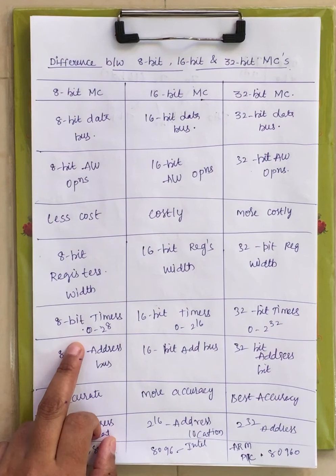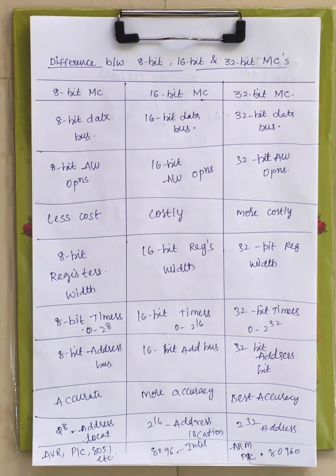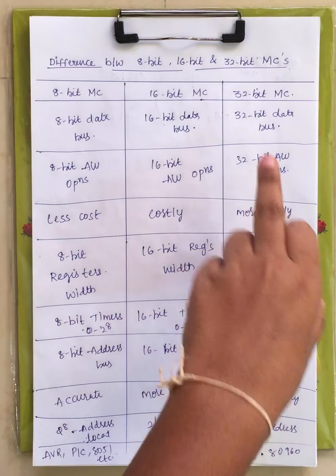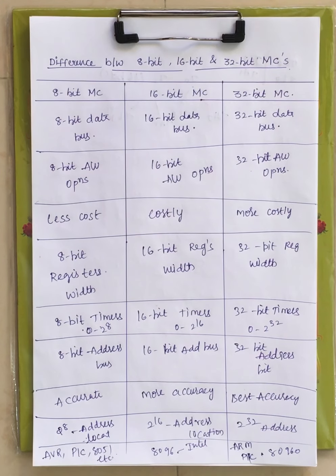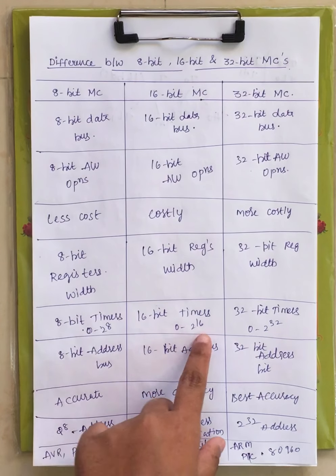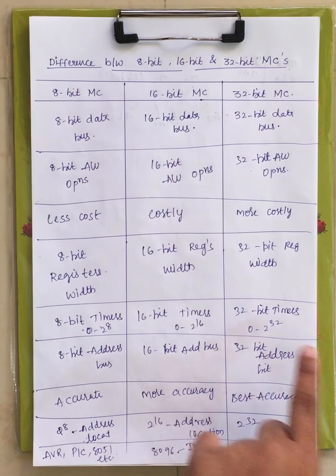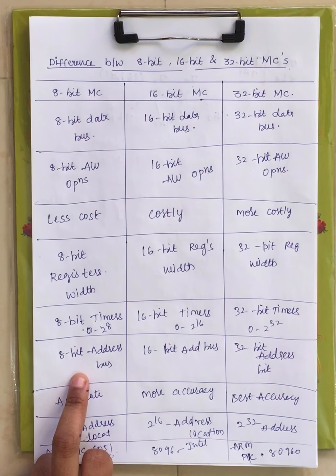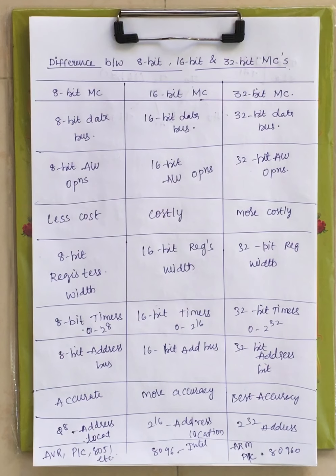Now coming to timers, the 8-bit microcontroller contains 8-bit timers, the 16-bit microcontroller contains 16-bit timers, and the 32-bit microcontroller contains 32-bit timers. A timer provides delay by counting, right? The count value varies from 0 to 2 power 8 for 8-bit, 0 to 2 power 16 for 16-bit, and 0 to 2 power 32 for 32-bit, right? Now coming to address bus, the 8-bit microcontroller contains an 8-bit address bus, the 16-bit a 16-bit address bus, and the 32-bit a 32-bit address bus, right?